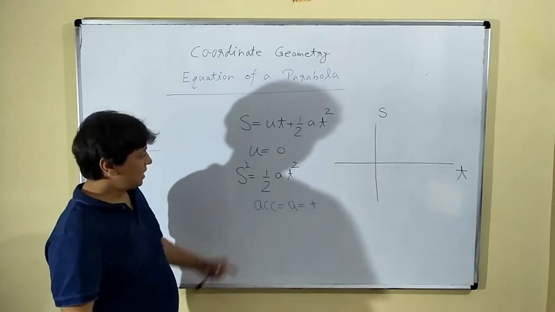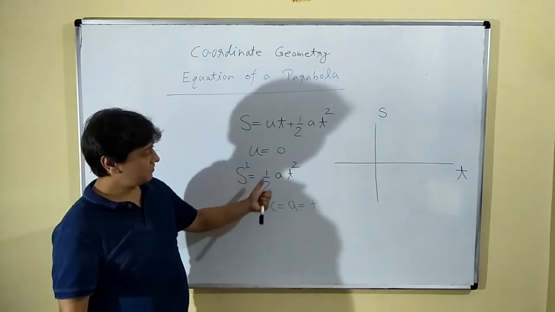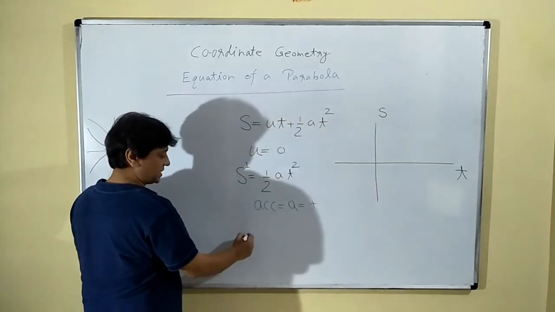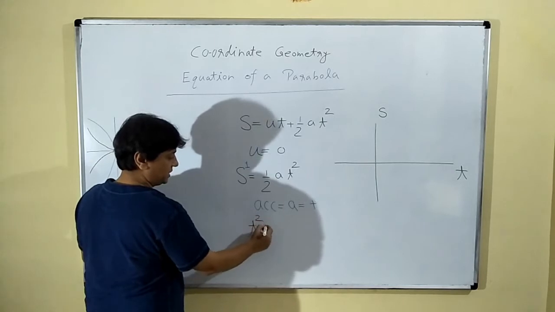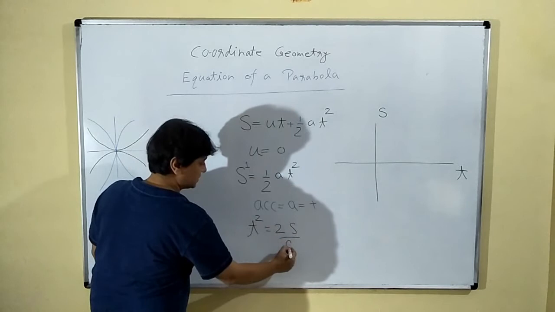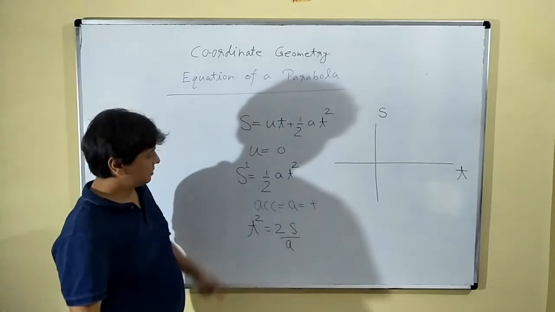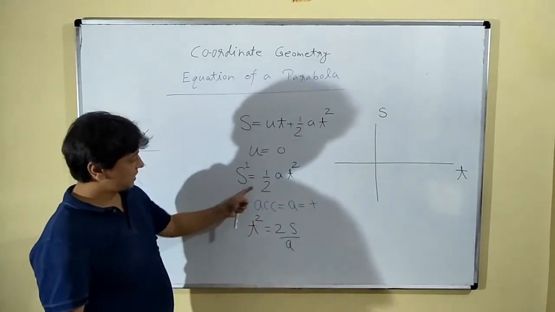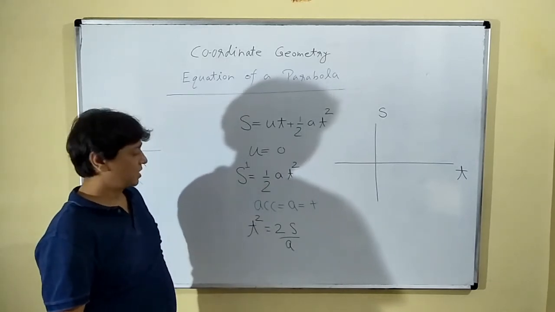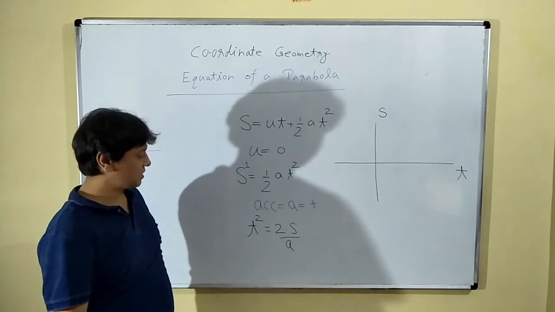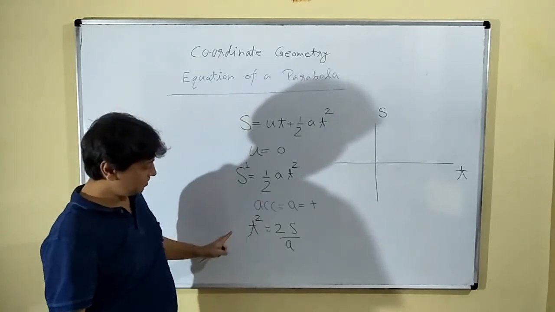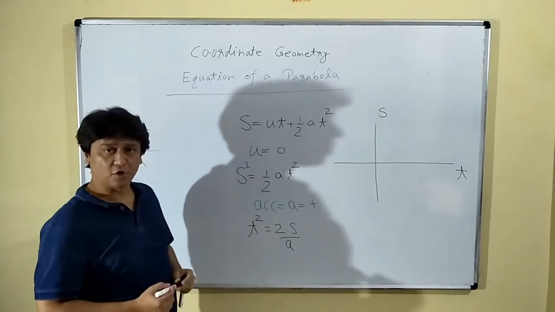S equals to half at square. हमने इस फॉर्मेट को इस तरह से अरेंज किया, t square equals to 2s upon a. हालांकि बाद में हम एक लाइन में इस चीज को खत्म करेंगे, लेकिन अभी जिस तरह से हमने कॉन्सेप्ट को डेवलप किया है उसके लिए हमने सिस्टम इस तरह से ड्रॉ किया.